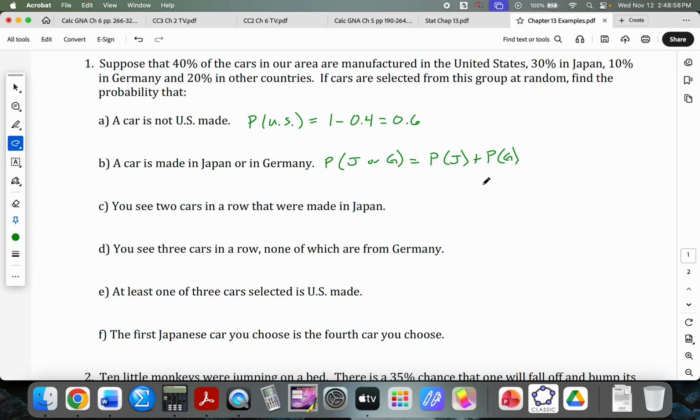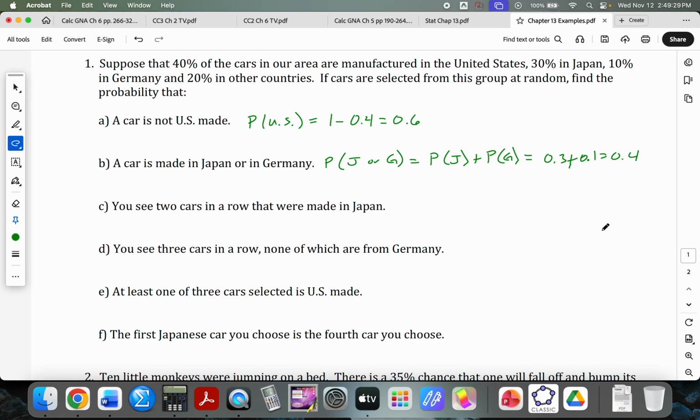Since if one of them happens, the other one cannot happen. Mutually exclusive, or the other word for that is, someone said it, disjoint. So we'll just add these two probabilities together. Japan is 0.3, Germany is 0.1, so this is 0.4.